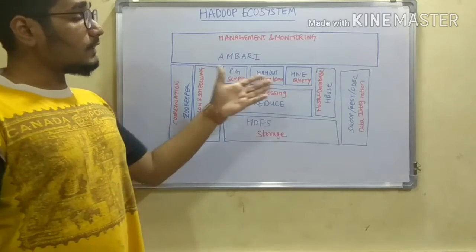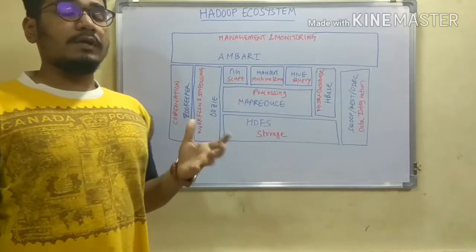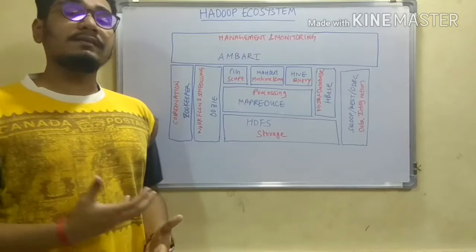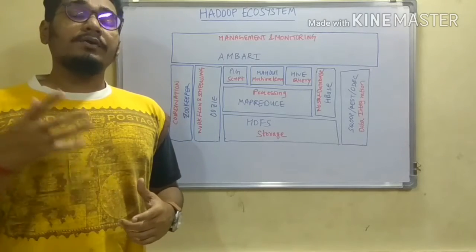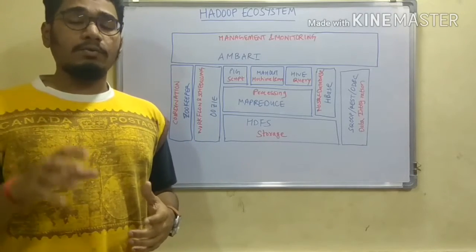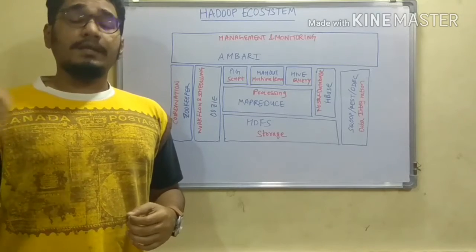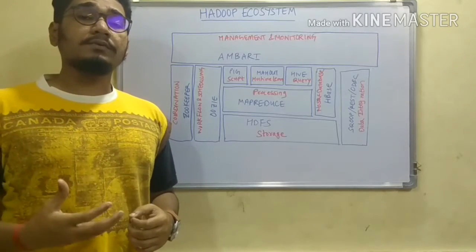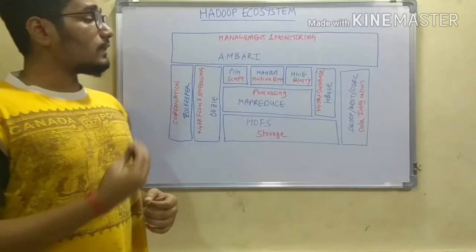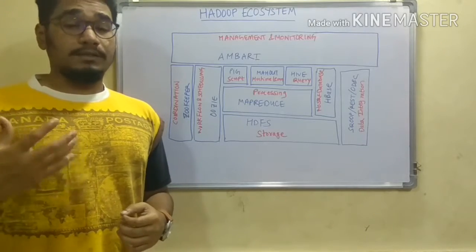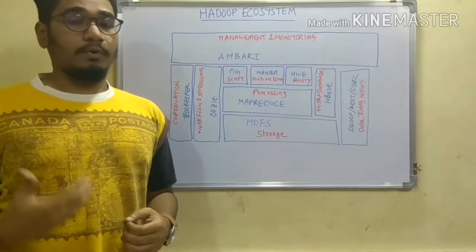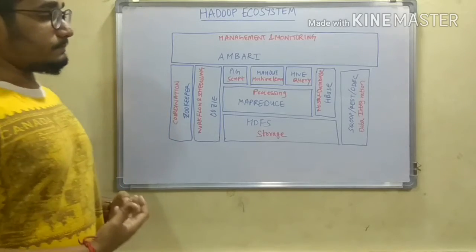Next we have Hive, that is for querying. Now this provides an SQL-like interface to your Hadoop ecosystem for ad hoc queries and for executing remote operations and for managing and controlling all the other essential parts which are required for Hadoop processing and for clustering as well.